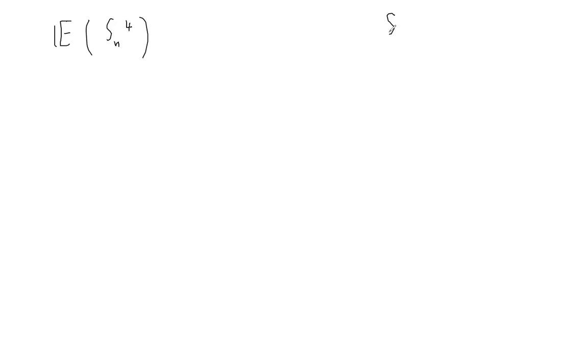Remember, my Sn is equal to the sum, yeah? All right. So the expectation of the sum to the power of 4, this is of course equal to this thing, yeah?